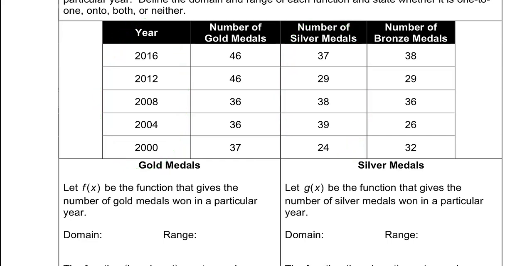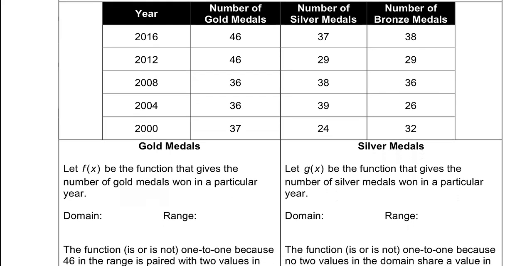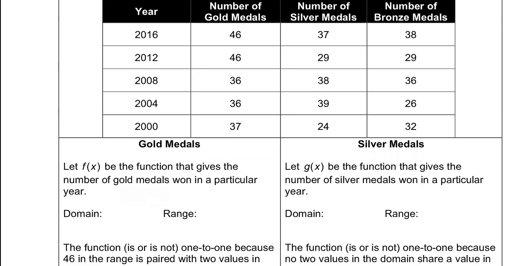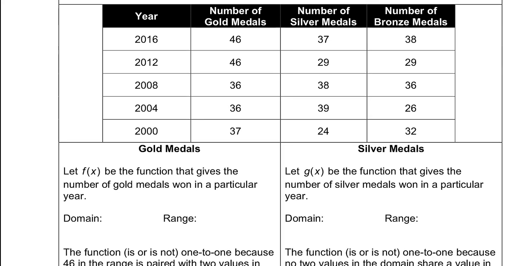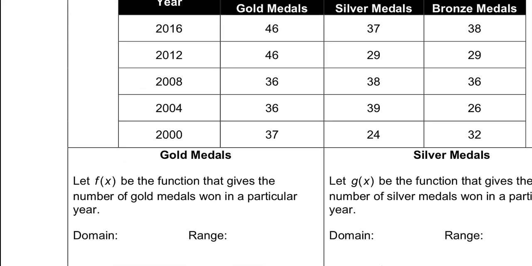It says, let f of x be the function that gives the number of gold medals won in a particular year. So, there we are. Then it says state the domain. Well, the domain is just a specific number of values.